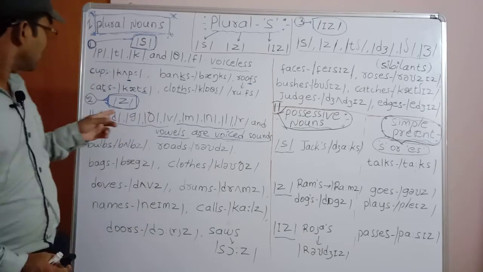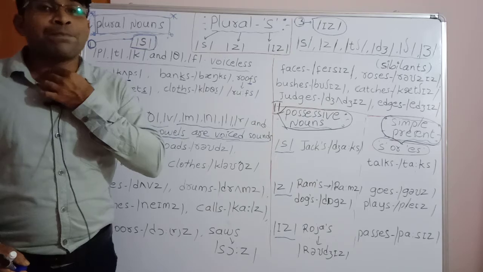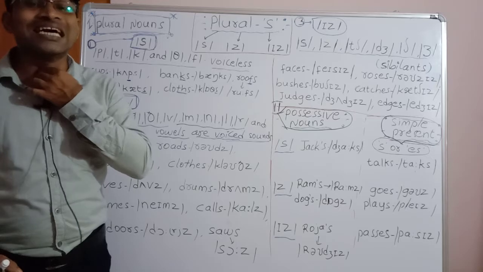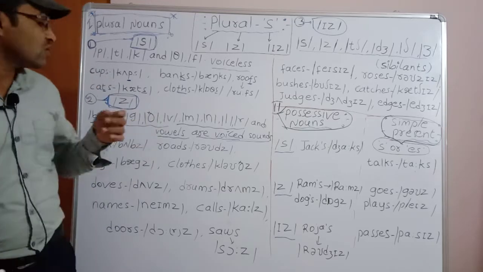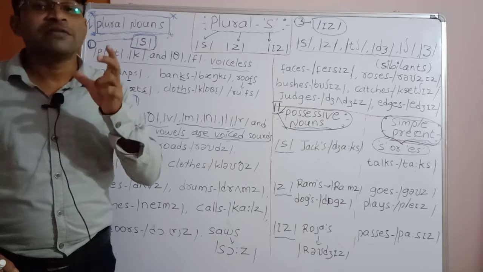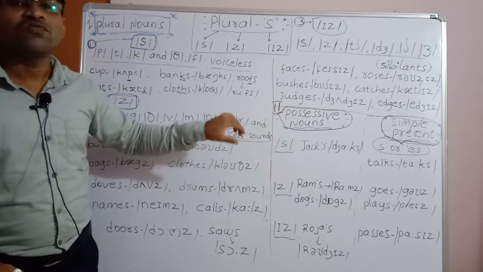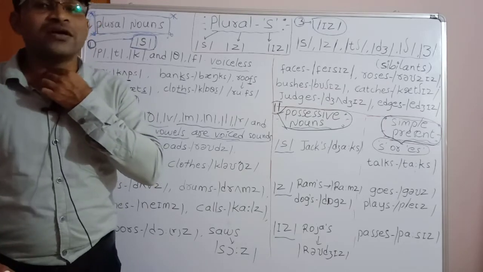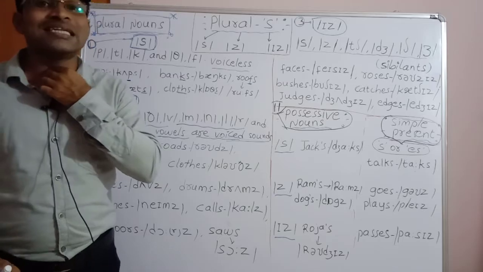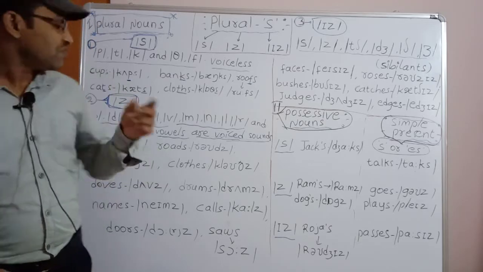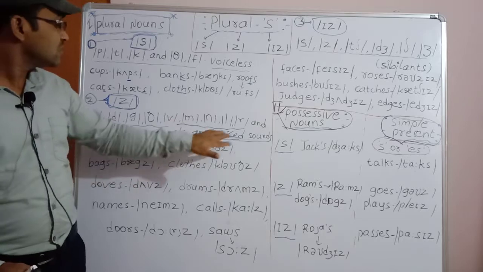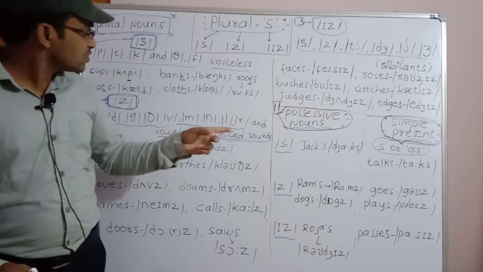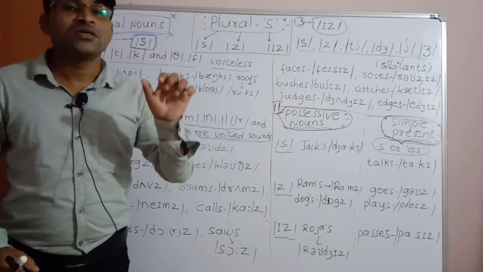For example, the sounds b, d, g. So these are called voiced sounds.